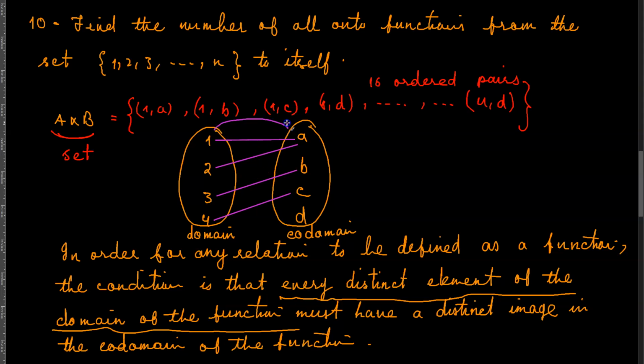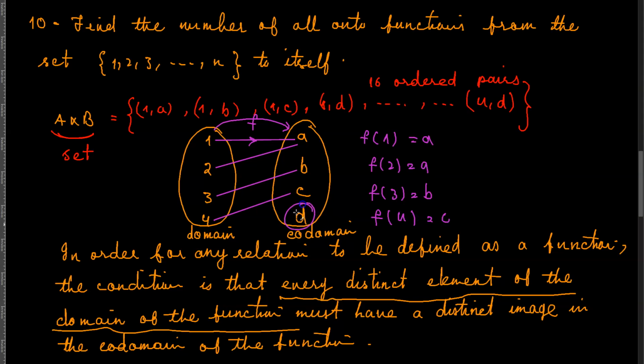If I call this f, I can say that f of 1 is equal to a, f of 2 is equal to a, f of 3 is equal to b, and f of 4 is equal to c.